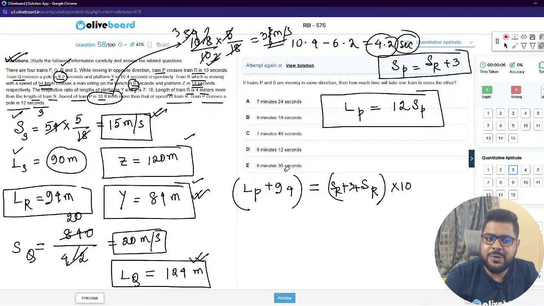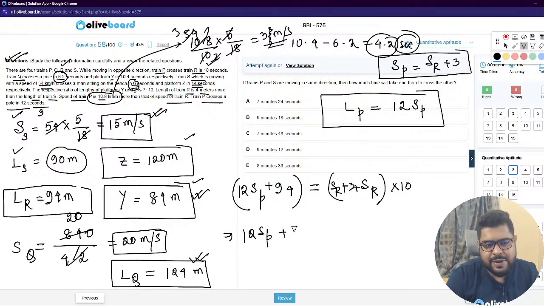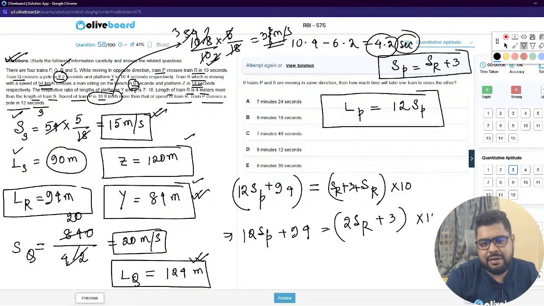So what I can do, length of P, I can substitute that as 12 into SP. So 12 into SP plus 94, it is equal to (SP plus SR) into 10. Now again, SR is equal to this. So from here I can write SR equal to SP minus 3. Right?